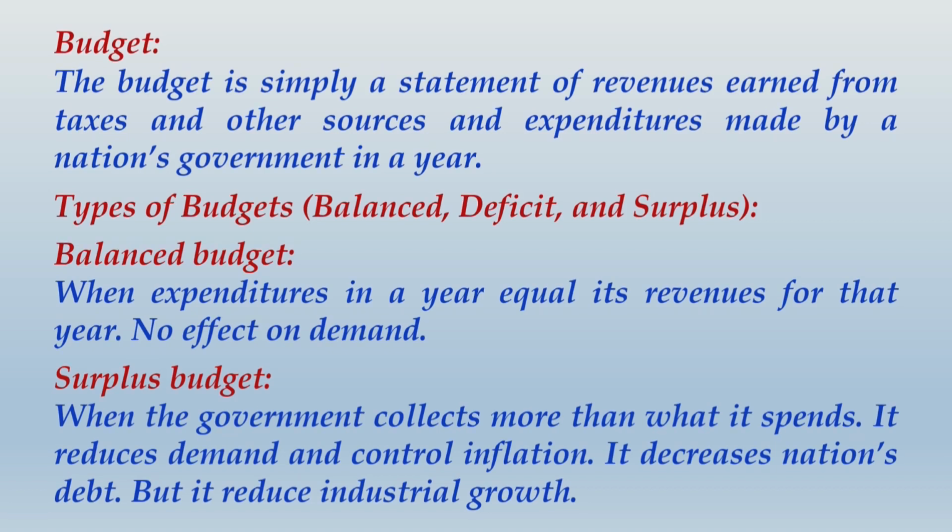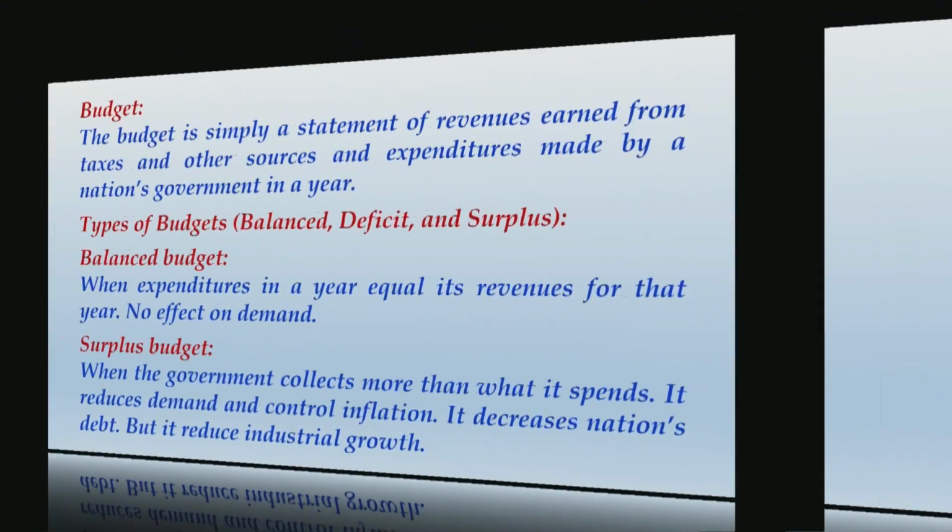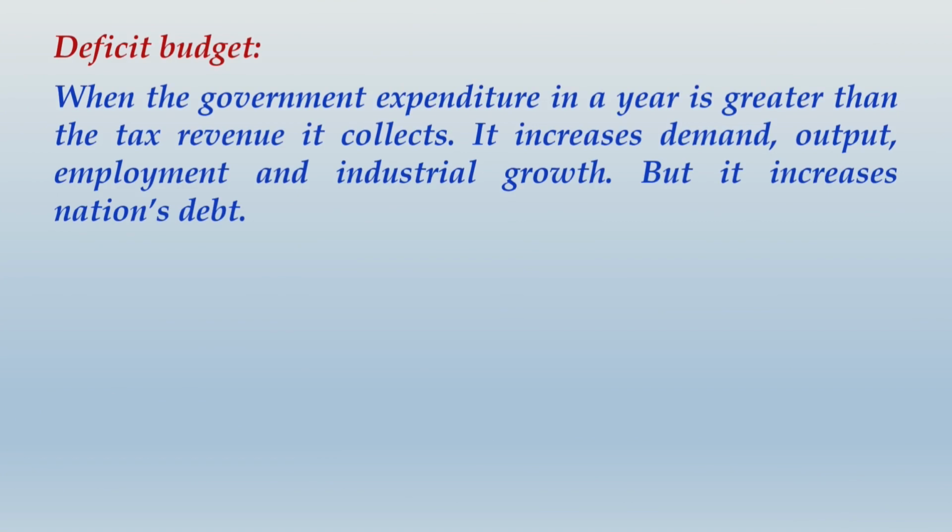Alright friends, so once you have finished writing this much, let us move ahead and write about deficit budget. When the government expenditure in a year is greater than the tax revenue it collects, it increases demand, output, employment and industrial growth, but it increases nation's debt.